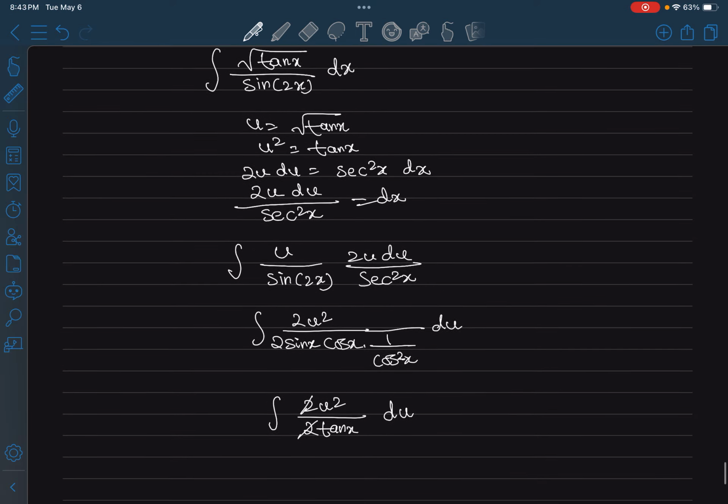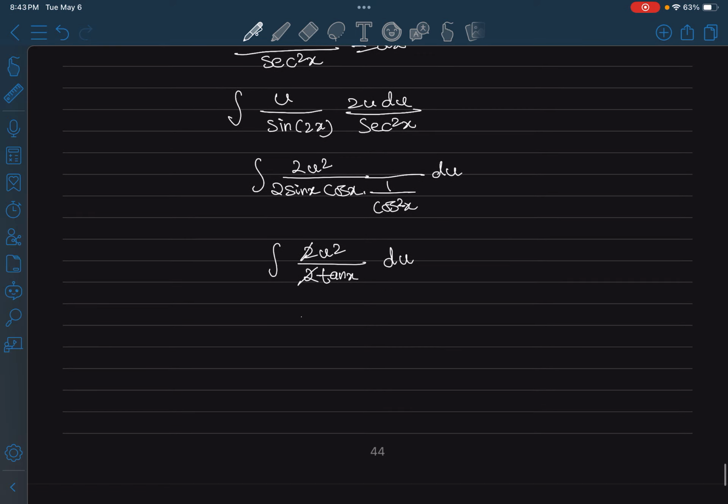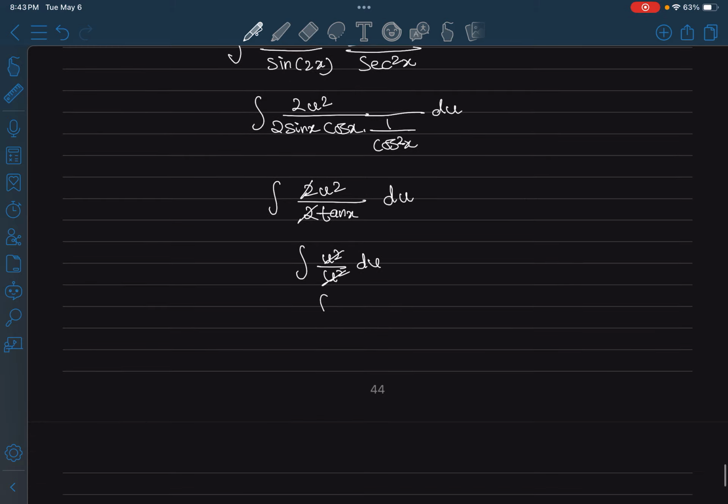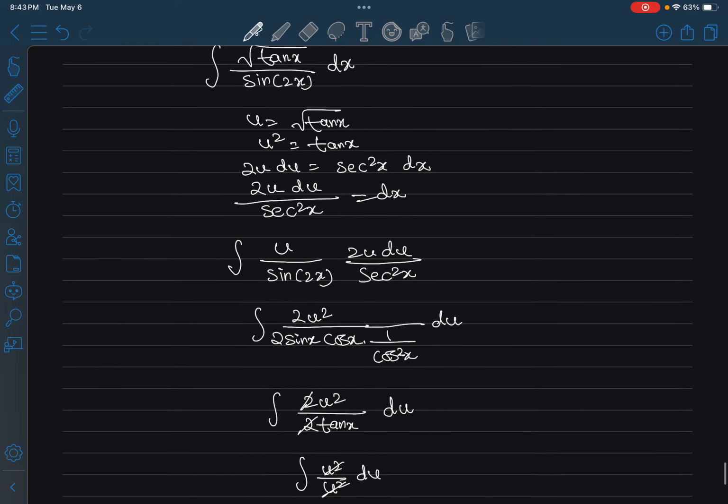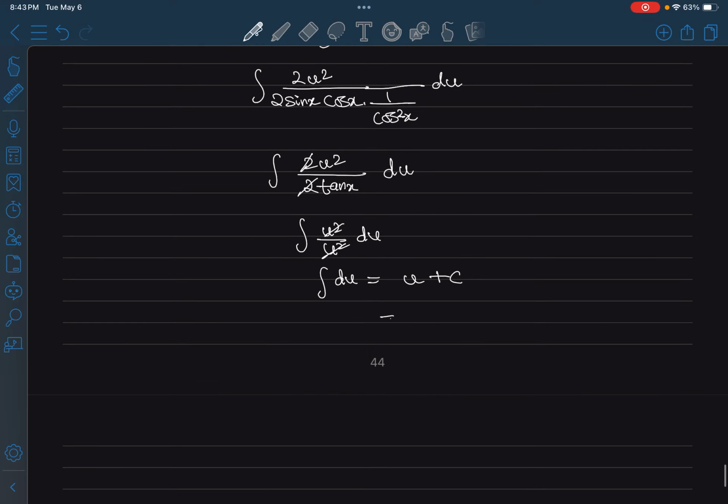We know since u is root tan x, tan x is just u squared, right? So u squared by u squared du. This cancels out, and then the integral of du equals u plus c, right? And our u is square root tan x. So this is square root tan x plus c. This was pretty expected, right?